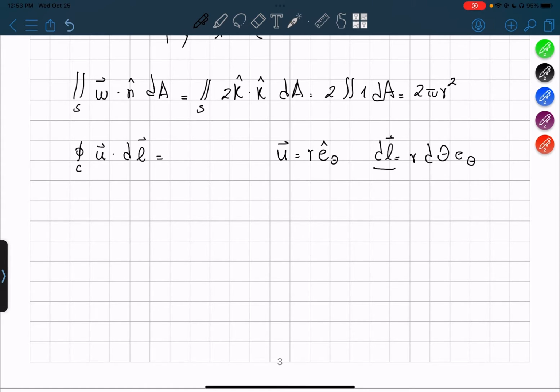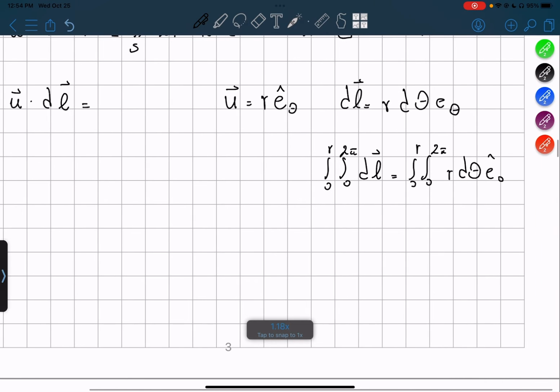I want to prove this first of all. So we know that if we were to take dl, we go from 0 to 2 pi, because we're taking an entire circle, and then we're also going from 0 to r. Okay, so we get 0 to r, 0 to 2 pi, r d theta. First of all, integrate for d theta.